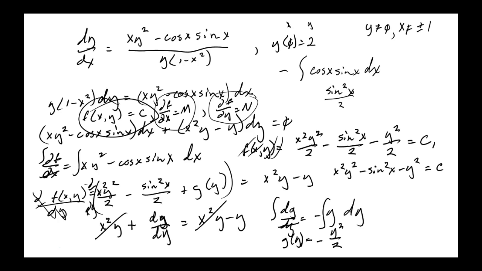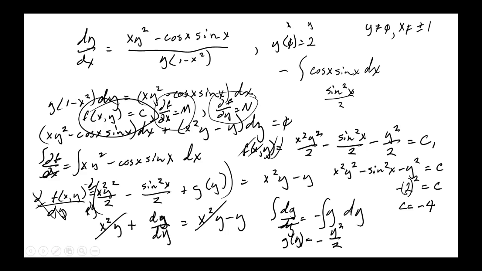So now we have that minus 2 squared is equal to c. So what is c? Negative 4. Okay, you square the 2 before you negate it.